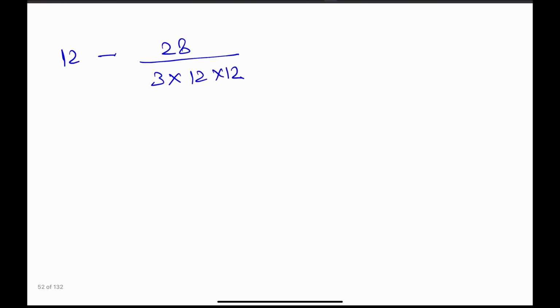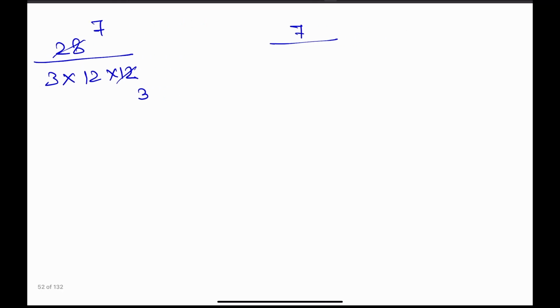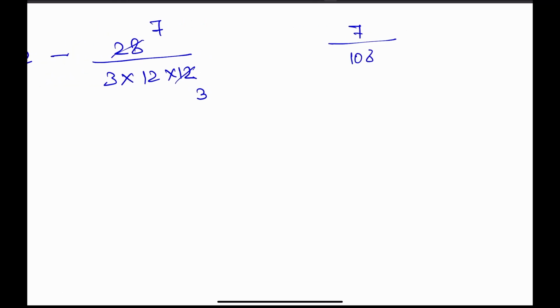Okay, so if you want to make it smaller, let's just do it with 4 now, it will be better. 4 3 4 7, so this is what, 7 upon 9 12 9 108.